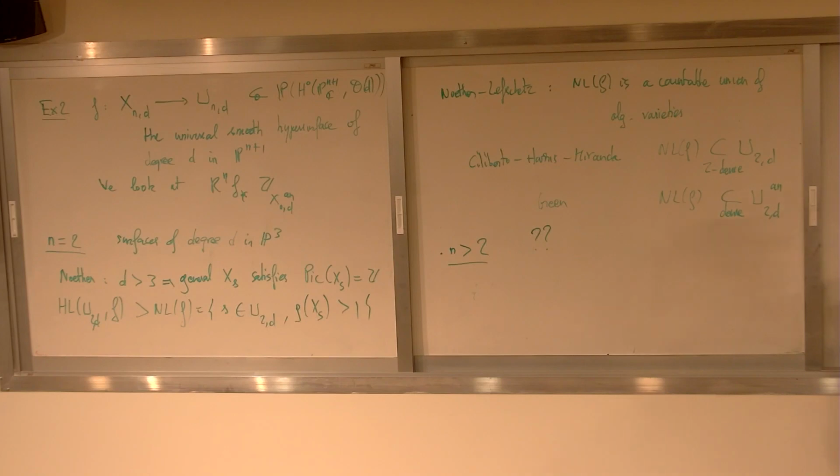Then if n is at least 3, and if the degree is at least 5, and we have to remove the bad case of quintics in P^5, then this Hodge locus.